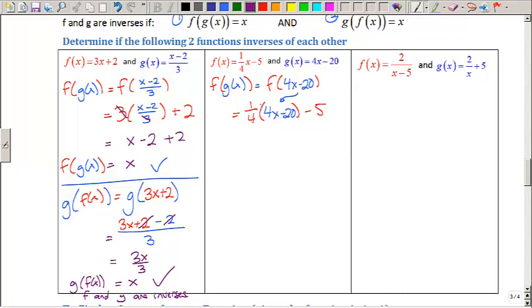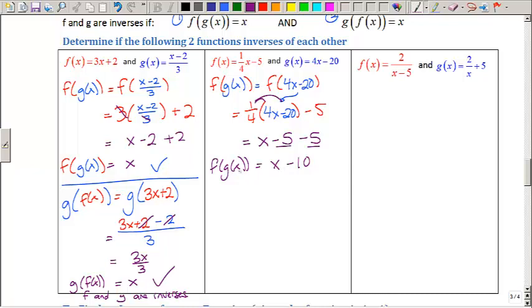Next, I'd like to reduce, and when I distribute, 1/4 of 4 is x, 1/4 of 20 is 5, minus 5, and so therefore f of g of x is equal to x minus 10. Notice the minus 5s don't add to 0. They do not cancel each other out. So we have x minus 10.